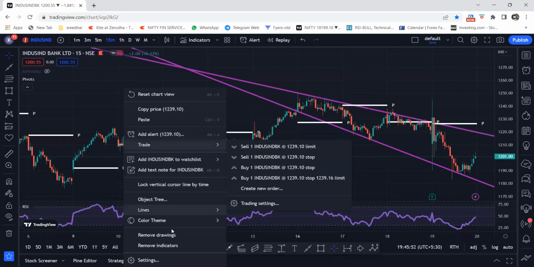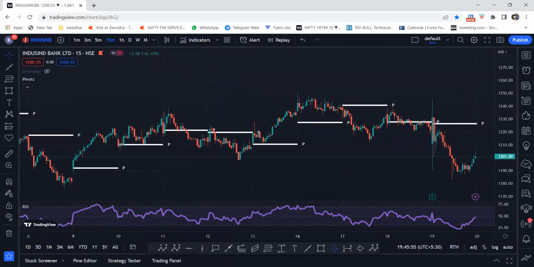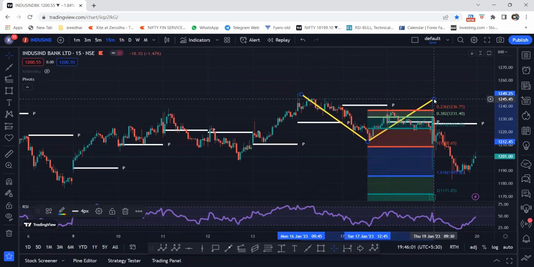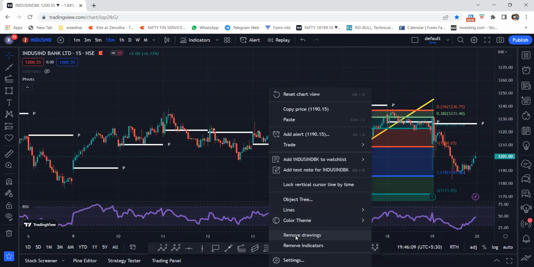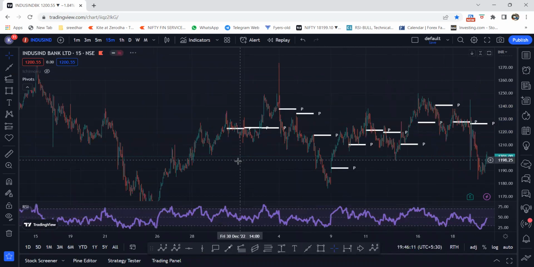The one which I did not explain here is the Elliott wave. See here, A, B. The 1.618 level is the final target, and it has arrived exactly. Now I'll explain how the Fibonacci retracement works.